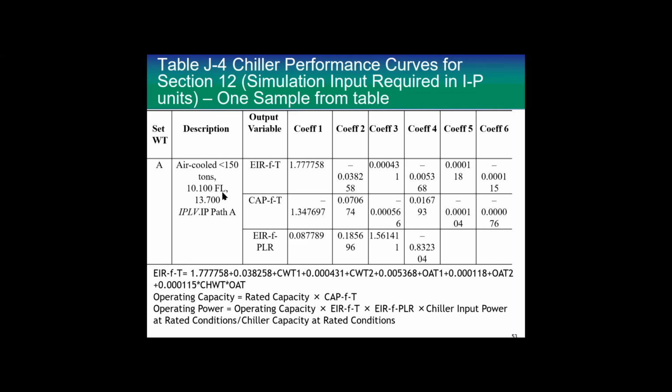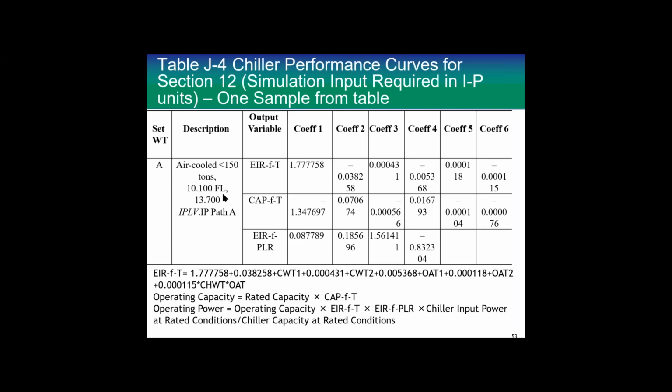So table 6.8.1-3, air-cooled chillers, path A. Now this is the efficiency allowed on an air-cooled chiller. So path A looks just like this. Path A is 10.1 full load. That would be for the full load kW, BTUs per watt, EER. So that's your full load.